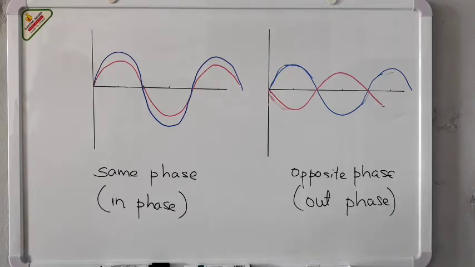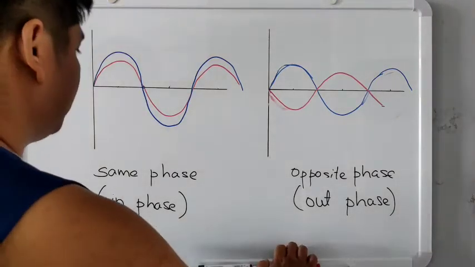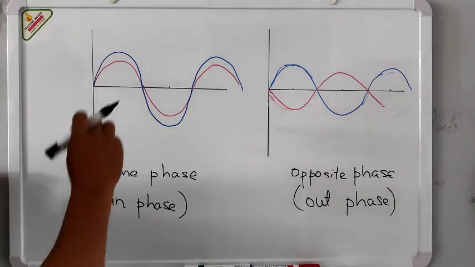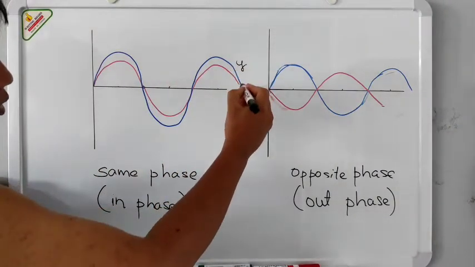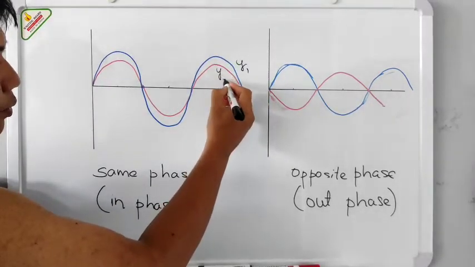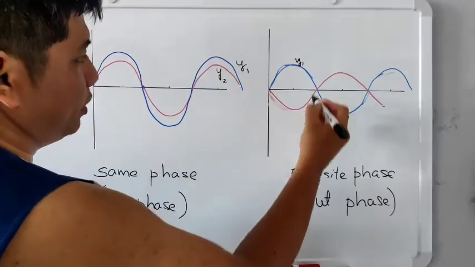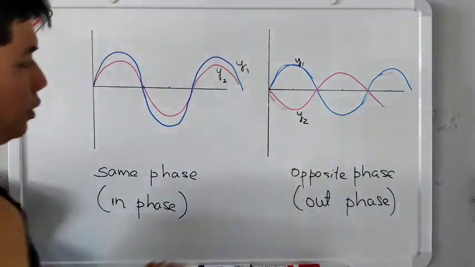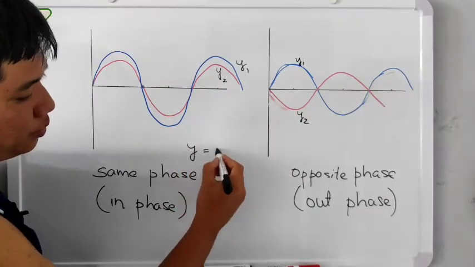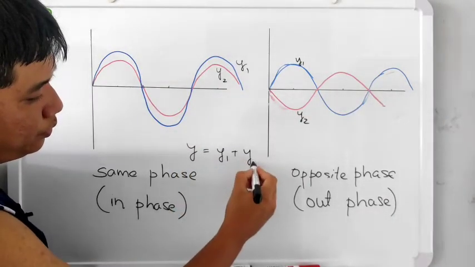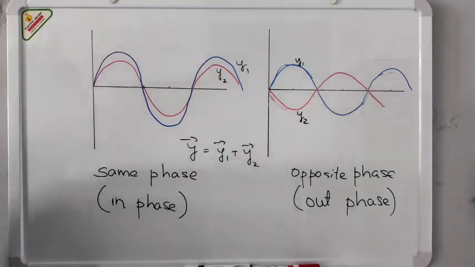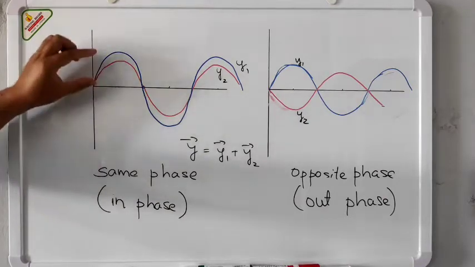According to the superposition principle, let the blue one be y1 and the red one be y2. According to the superposition theorem, the resultant is y1 plus y2. Here they are in the same phase.